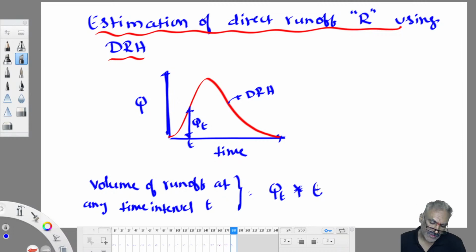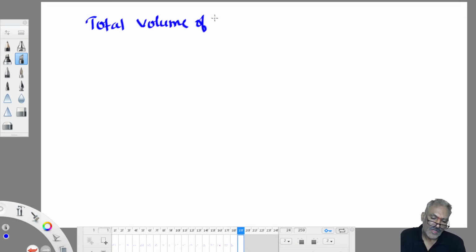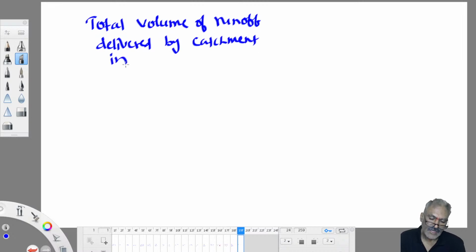If you want to measure the total volume of runoff from a catchment, you have to measure the total area of the hydrograph. The total volume of runoff from a catchment is the total volume of runoff delivered by the catchment into the stream. What is runoff? Direct runoff only by default, because base flow we ignore.